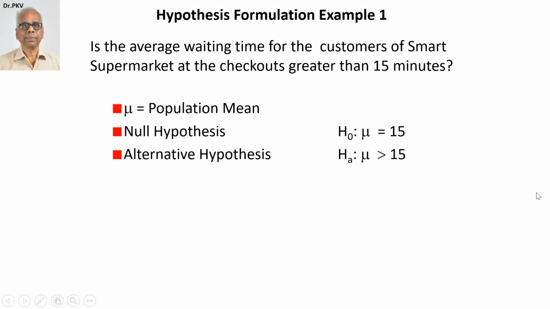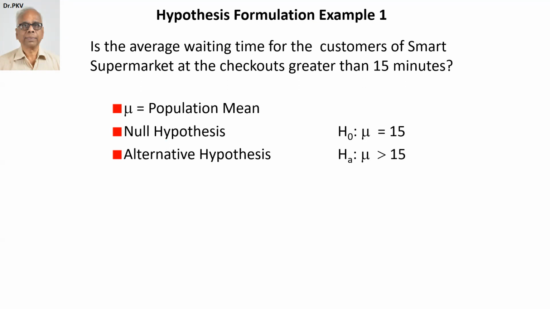So it's called a directional hypothesis. In this case, we want to find out whether it is greater than 15 minutes. So we want to prove, for example, somebody wants to control the waiting time customers spend in the checkout counters. They have to find out whether it exceeds 15 minutes.